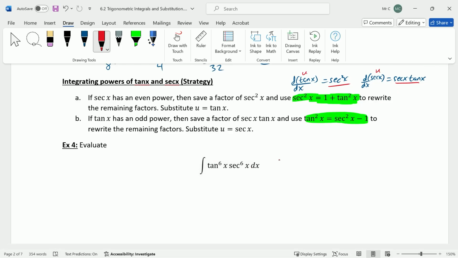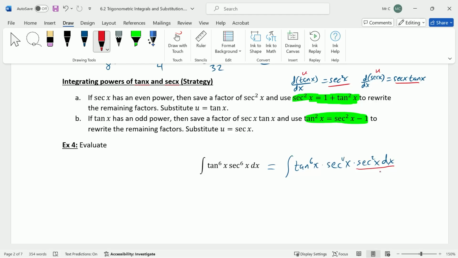So I can't pull off a factor of tangent and secant. But the secant has an even power, so I can pull off a secant squared term and replace all the others with my Pythagorean identity. So that's what we're going to do. We're going to rewrite this as tangent to the 6th power of x times secant to the 4th power of x times secant squared of x dx. So that tells us we're using this as our du.